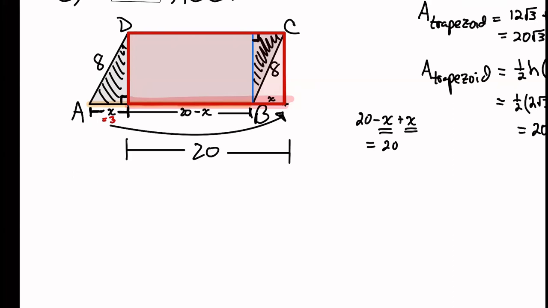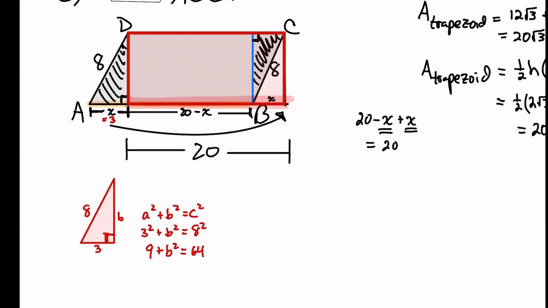So I pull out the triangle. 3, 8 with a hypotenuse of 8, right triangle. a squared plus b squared equals c squared. 3 squared plus b squared is equal to 8 squared. Nine plus b squared is equal to 64. b squared is equal to 55. That's not something you can break down, so b is going to be equal to root 55.